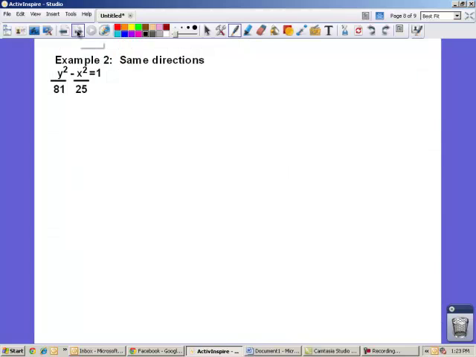All right, equation number 2, same directions. We're going to do the same thing here. So we're going to notice that this is our a squared, and this is our b squared. And that comes from the equation that I gave you from the book. So we're going to take the square root of 81, the square root of 25.